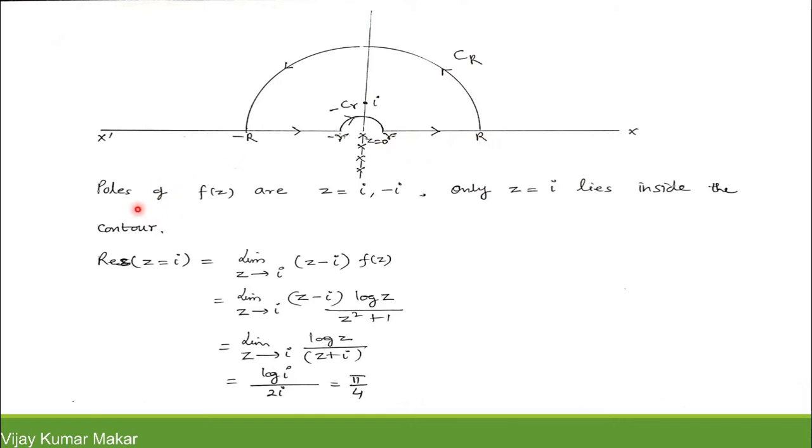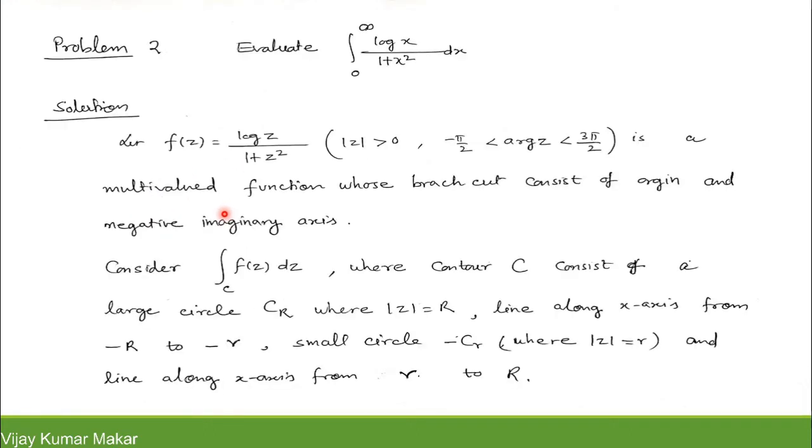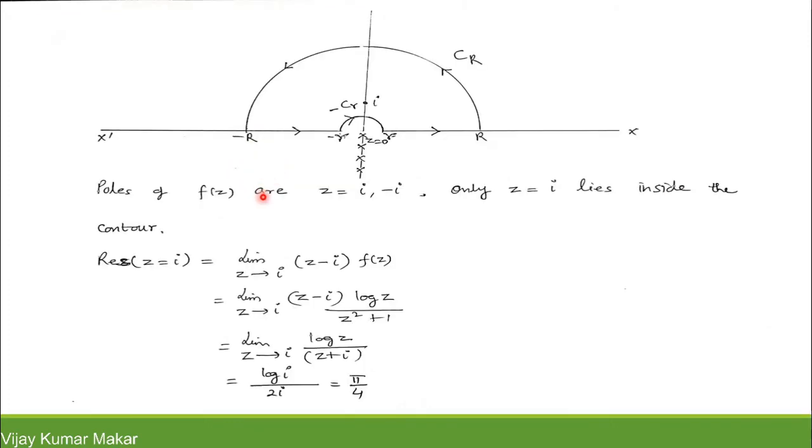First we find the poles of this function. When we put 1 plus z square equal to 0, then we get z equal to plus minus iota, and z equal to iota lies inside the contour. Because z equal to iota is the only pole which lies inside the contour, we find the residue at z equal to iota.